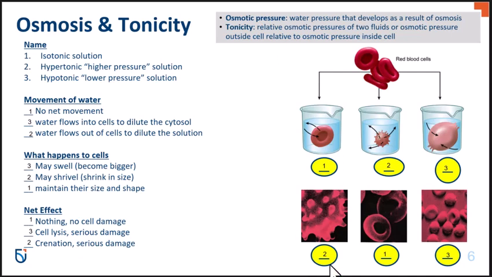So in all of these cases, what's happening is the solutes that are present in the solution or in the red blood cell are staying where they are. And so the only way to balance things out and dilute areas is for water to move. And water, via osmosis, is going to want to follow where there are more solutes present, where there is greater tonicity.